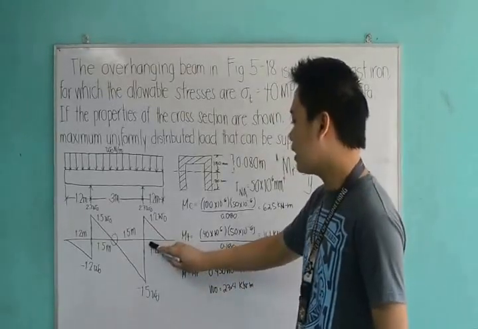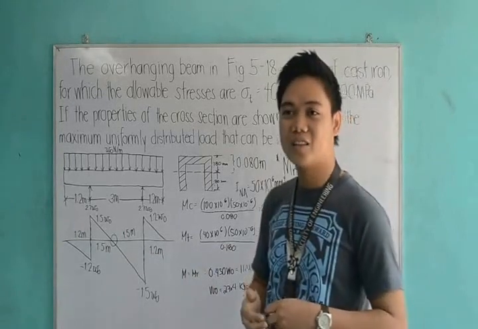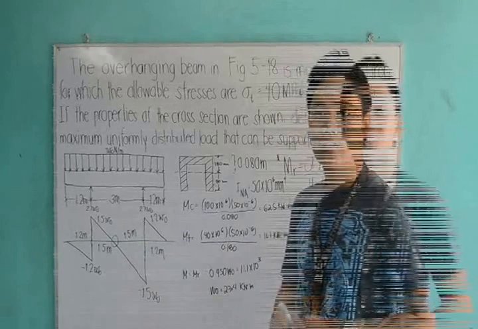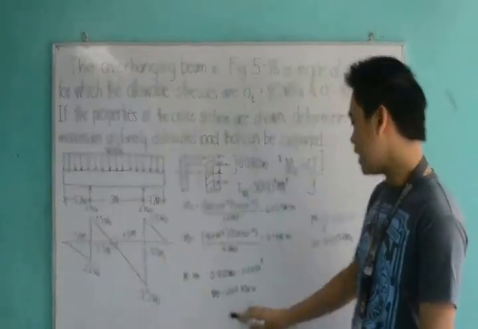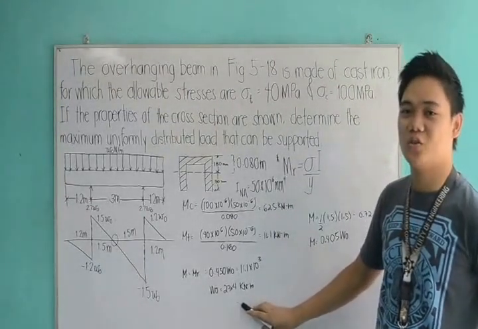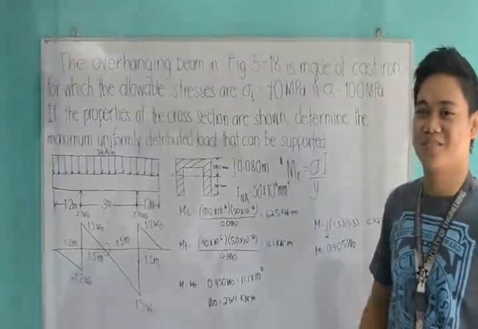There is also a point at x equals 4.2 meters. So, why is it unnecessary to derive the moment at x equals 4.2 meters? We can conclude that the safest load for this problem was at omega O equal to 27.4 kilonewtons per meter, which is the smallest of all.